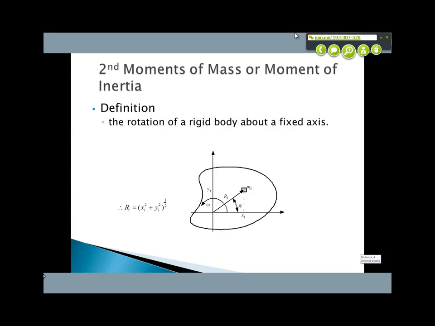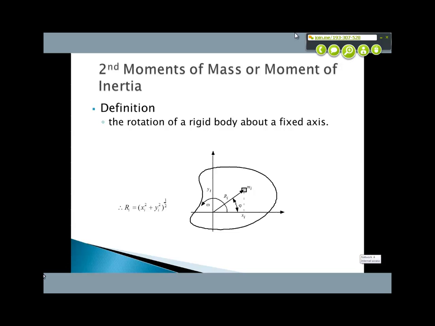The moment of inertia, also referred to as the second moment of mass, its definition is pretty simple and straightforward, and we generally think of it in terms of IZZ.